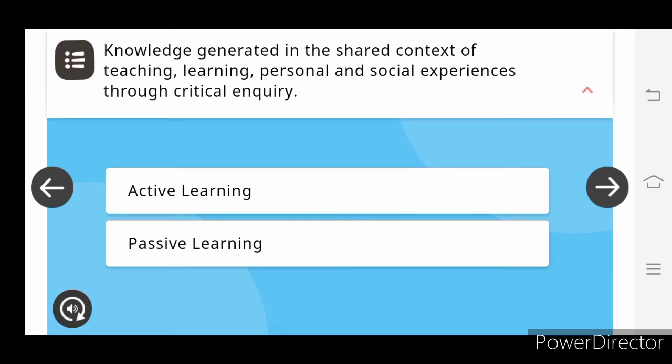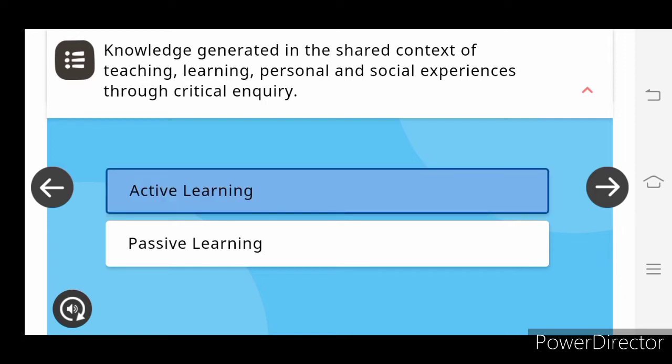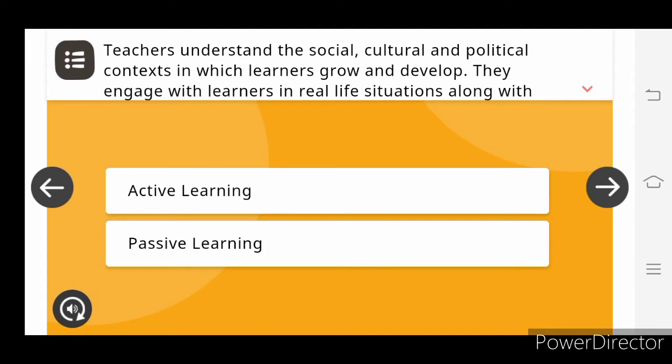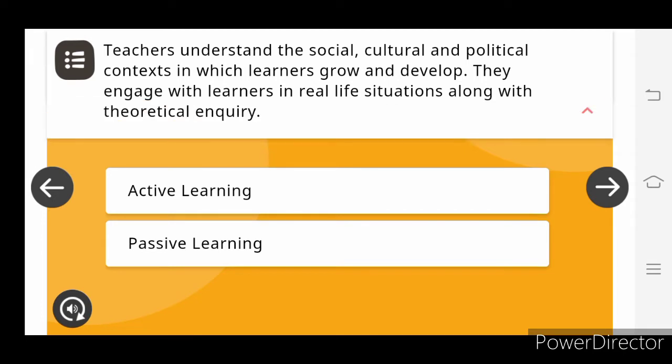It is active learning. Teachers understand the social, cultural, and political context in which the learners grow and develop. They engage with the learners in real life situations along with theoretical inquiry. So it is active learning.